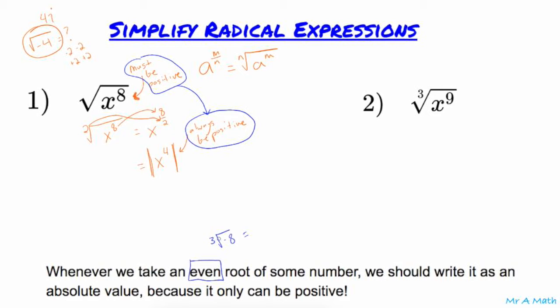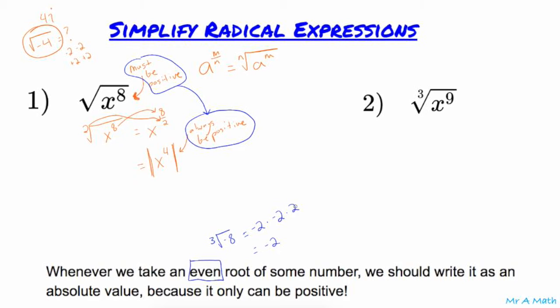It can be negative because it's an odd root. Because think about it, what number multiplied by itself 3 times gets me negative 8? Well, I could write negative 2 times negative 2 times negative 2. So in this situation, my answer can be negative 2. It doesn't have to be the absolute value of that.